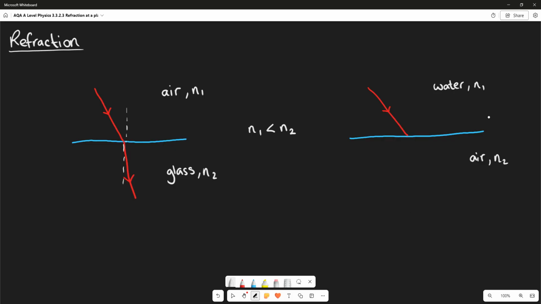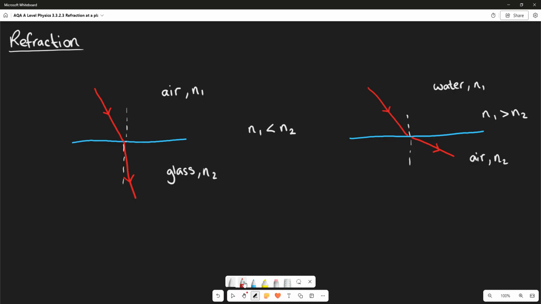Well, in this situation, N1 is actually larger than N2, and in this situation the light ray is going to move away from the normal. Okay, and it's all to do with the speed that it's travelling at.